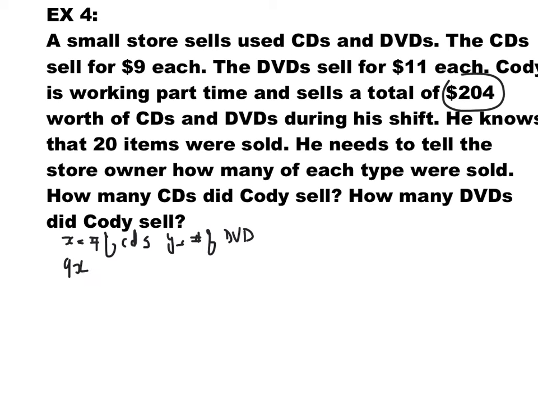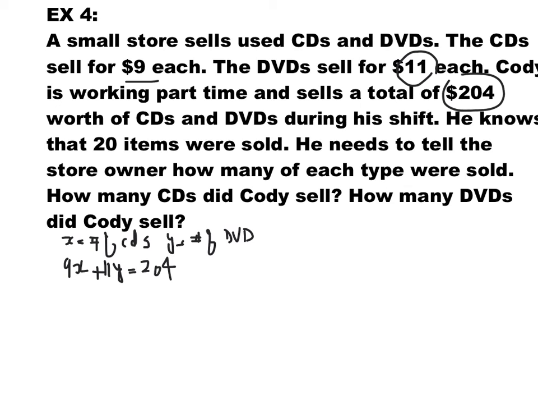Remember, every CD is $9. And the same way, the contribution of the DVDs is 11Y. If you add them together, you have to get 204. So this is the first equation.